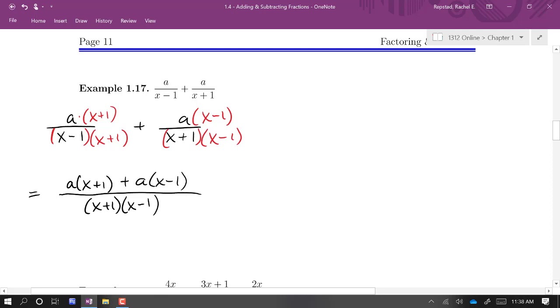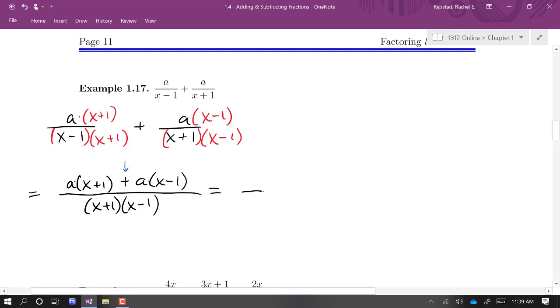Now, the reason we're leaving the denominator factored is because it is factored. It is the product of its factors. The top is not factored. The top contains some products. I could see some multiplication happening here, but it's really a sum of two things. So you always have to multiply out the top, multiply out the products that appear in the top, combine like terms, and then simplify as much as you can.